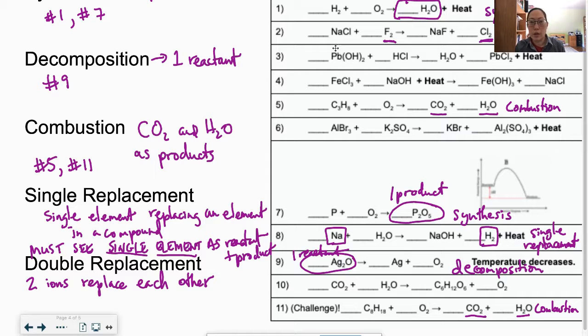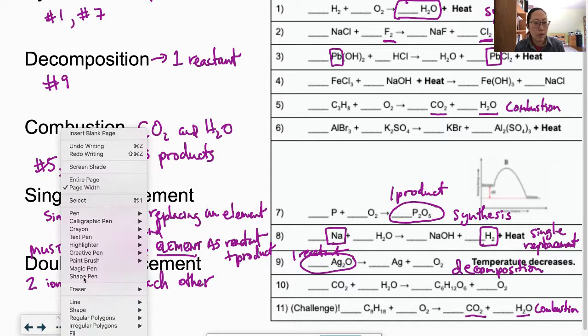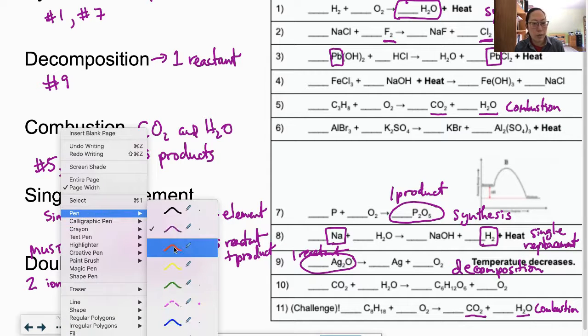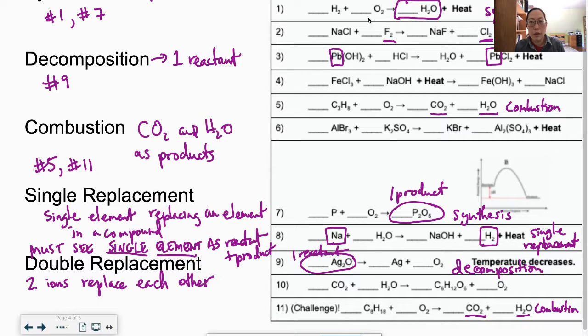So if we look here, we can see in number 3, if I square the lead, the Pb in purple, and let me use a different color, green, for the H, we can see that these are switching places, okay? The Pb is taking the place of the hydrogen, and the hydrogen is taking the place of the Pb, right? They're replacing each other.